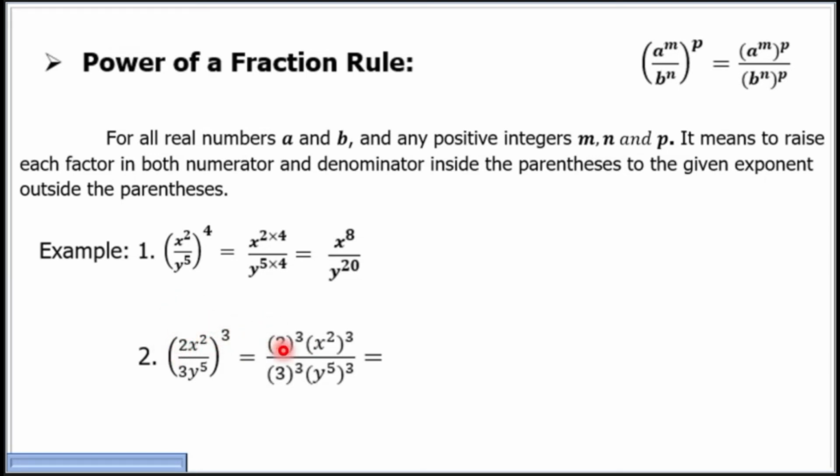So, 2 raised to the power of 3 and x squared raised to the power of 3. Ato lamang gisudlan grouping symbols para mas masabtan. So, ingon ana na pag-solve. Alright. Next is the quantity of 3 raised to the power of 3 times the quantity of y raised to the power of 5 raised to the power of 3.